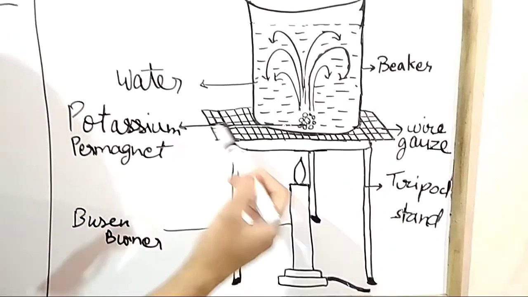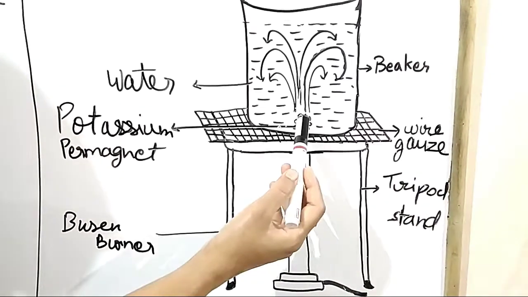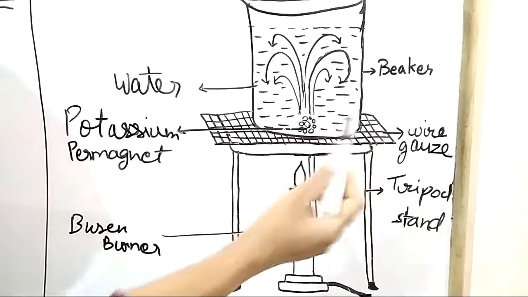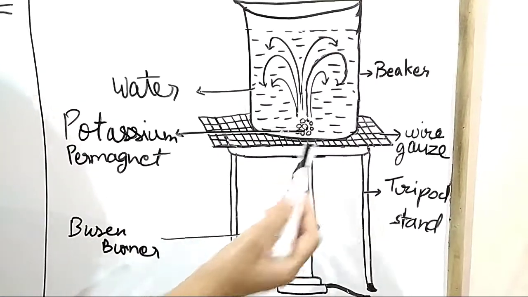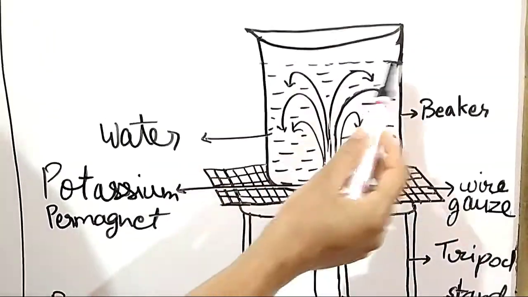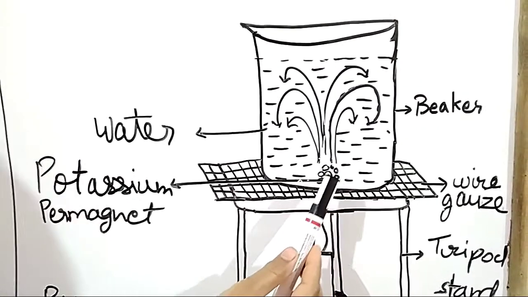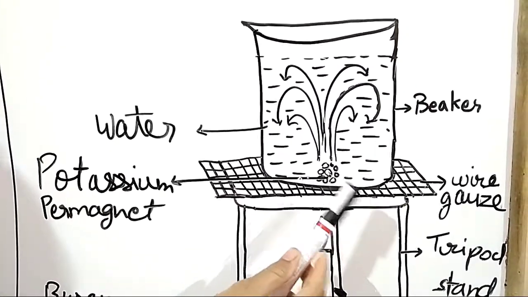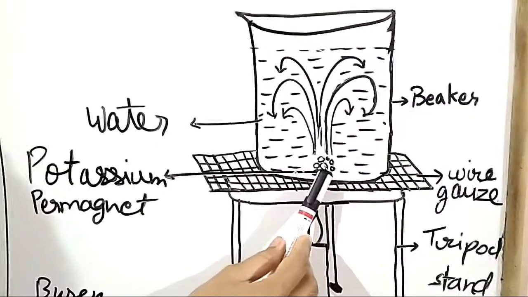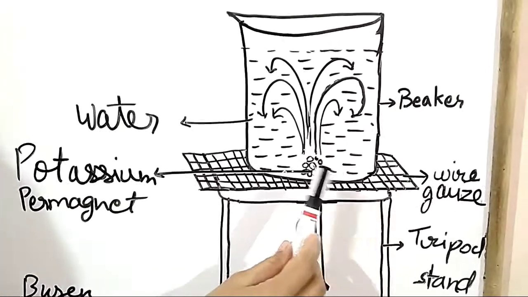On the tripod stand you can see this is the wire gauze, and on the wire gauze there is a beaker, almost full of water, and this is potassium permanganate, or we can say some pieces of potassium permanganate. This is a color you must have seen at home.